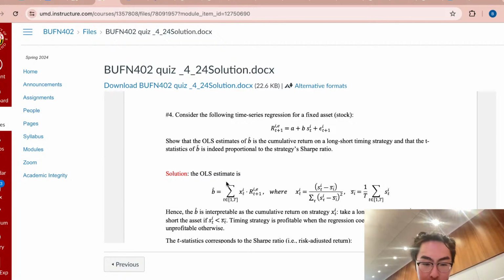So they're saying the beta is equal to the sum of x_ti times r_i,t+1.